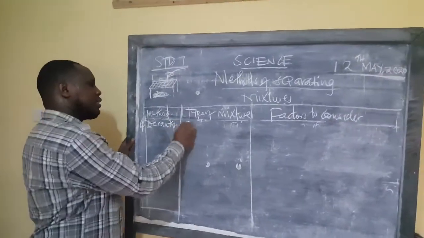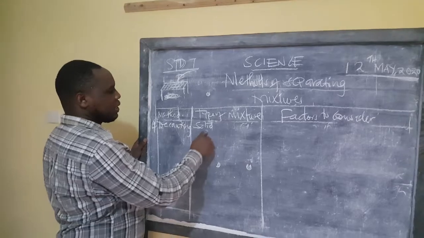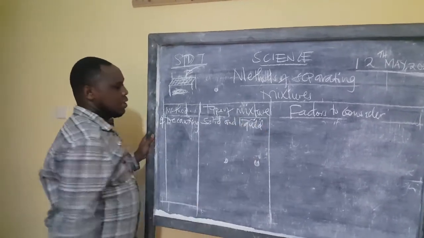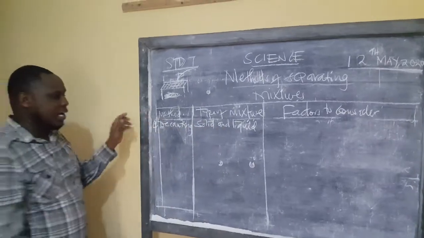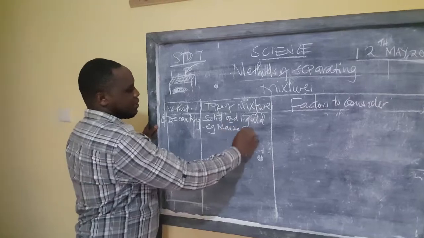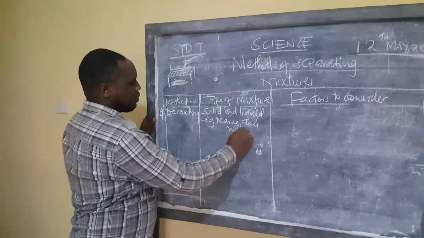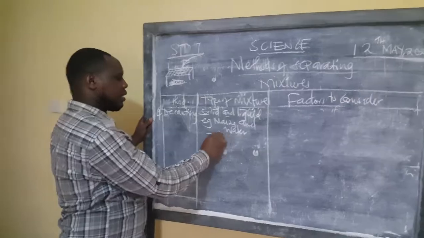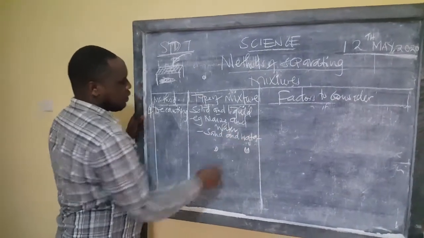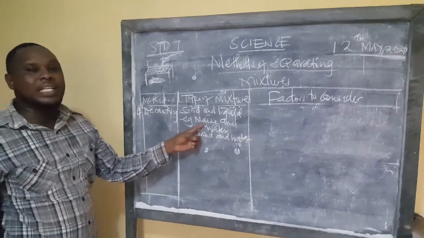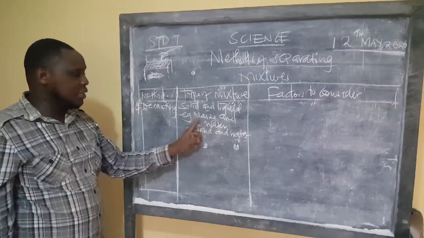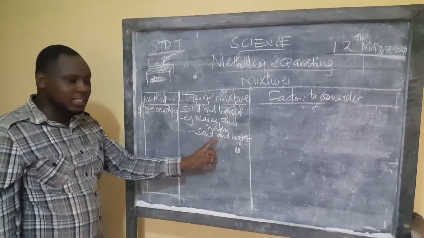Number one, a solid and liquid mixture. A good example is maize and water, or sand and water. This is an insoluble solid in a liquid. The maize is insoluble, the sand is insoluble.